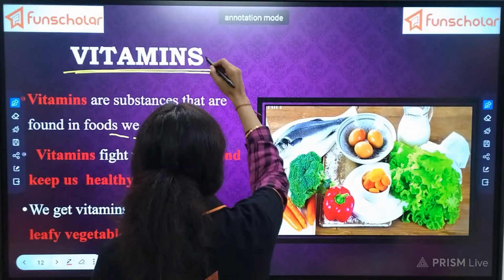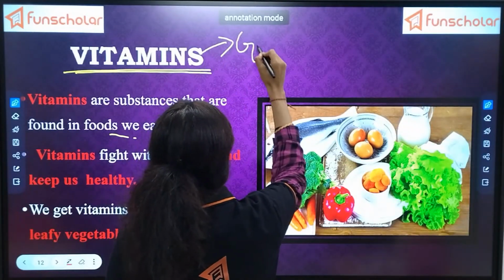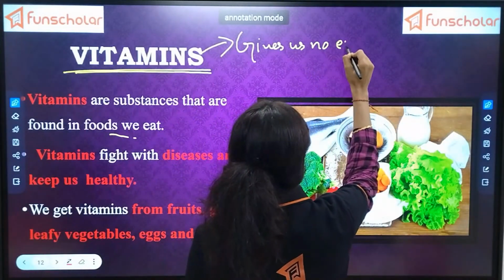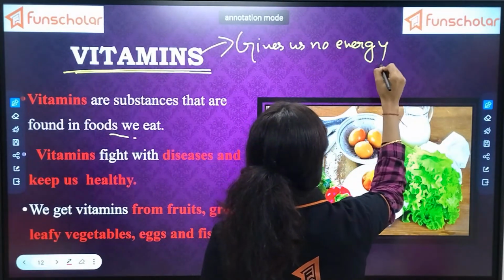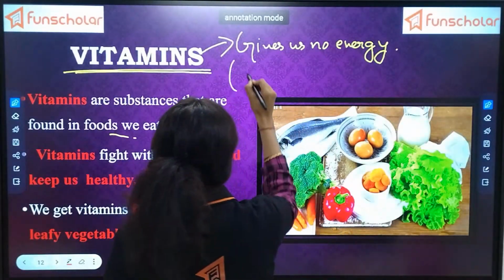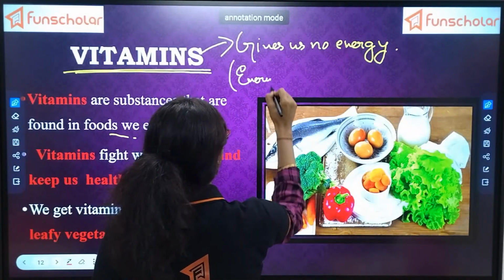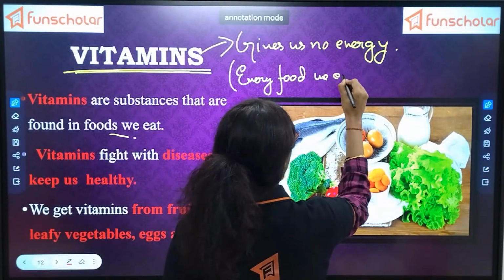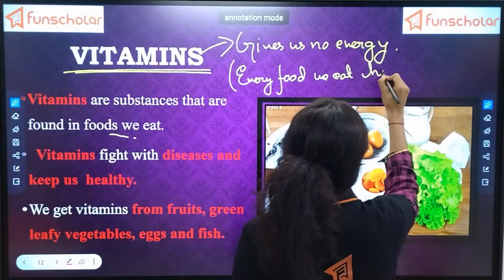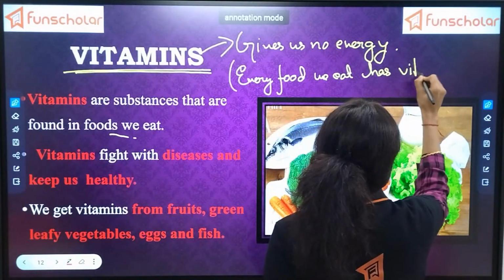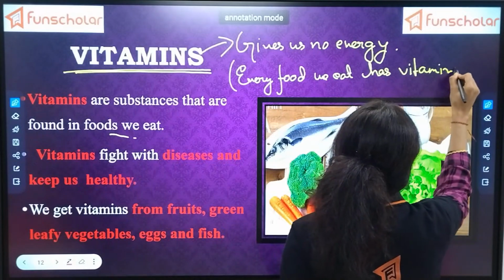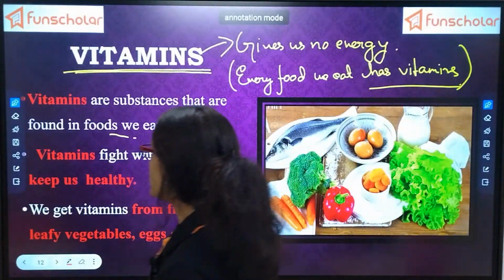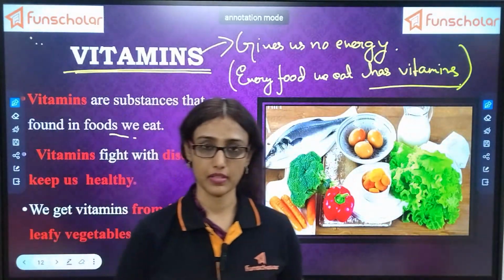Okay, vitamins again gives us no energy. No energy. Okay, but every food we eat has vitamins. So, if it has no energy, then why do we need to eat vitamins?